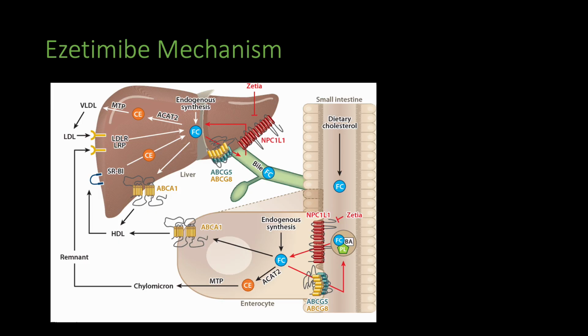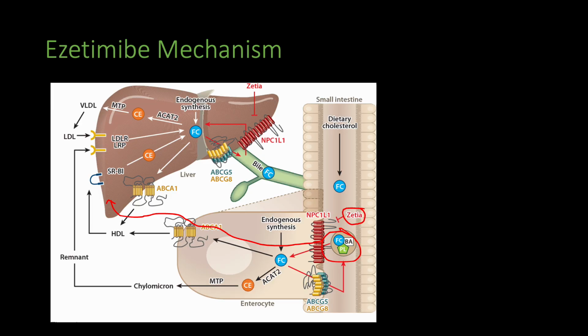By blocking it, the transporter responsible for this absorption is going to decrease. You can see how it's blocking the transporter here, so this dietary cholesterol and the fatty acids don't get reabsorbed back into the liver. It's just going to come right out through the intestine.